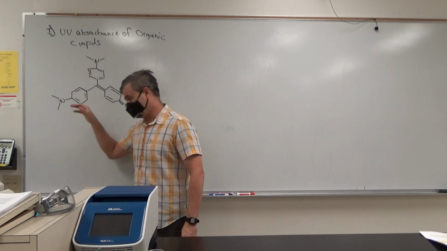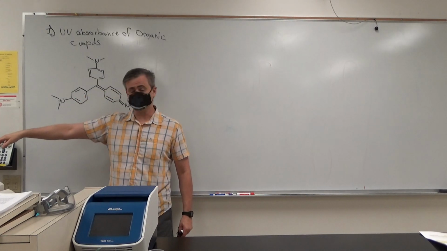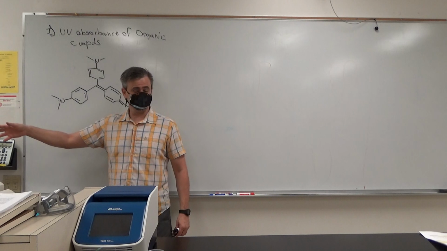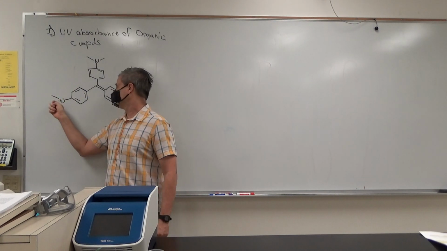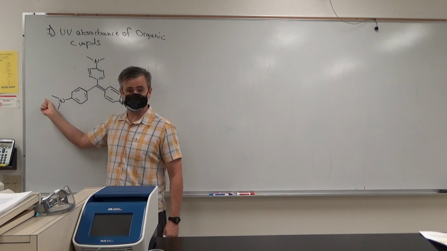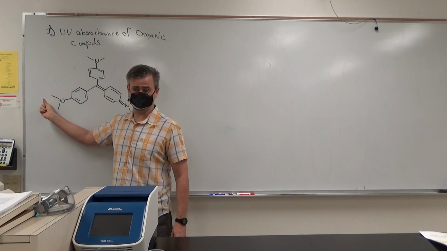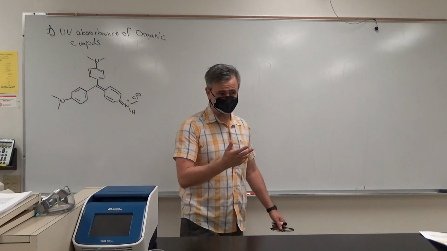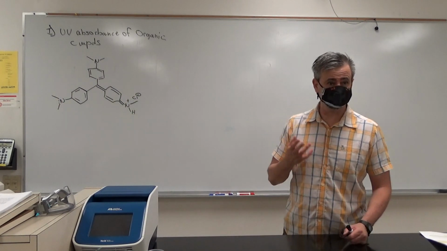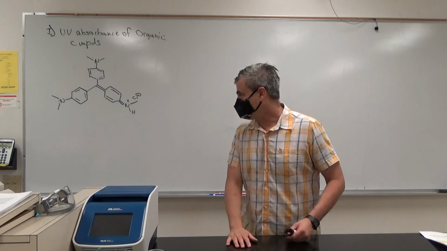Yeah, so it can't donate an NH for hydrogen bonding with water, but it can receive an H. This lone pair can get close to the H on a water molecule. Okay? So we call that a hydrogen bond acceptor. It can behave as a hydrogen bond acceptor in that sense.